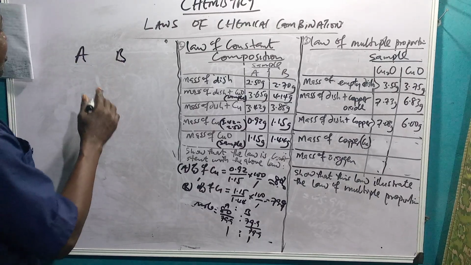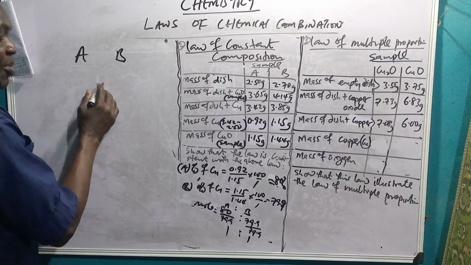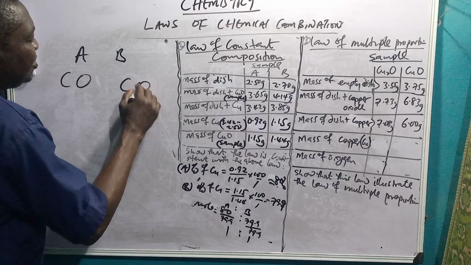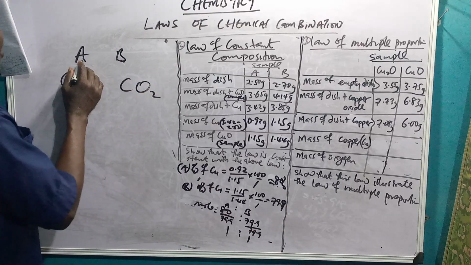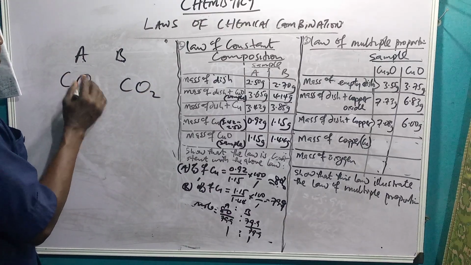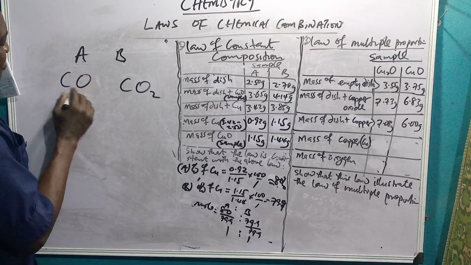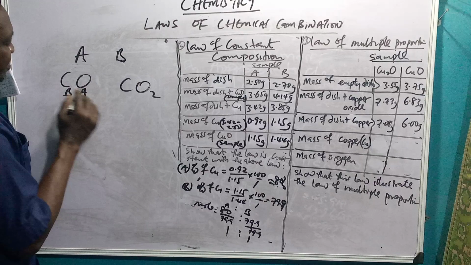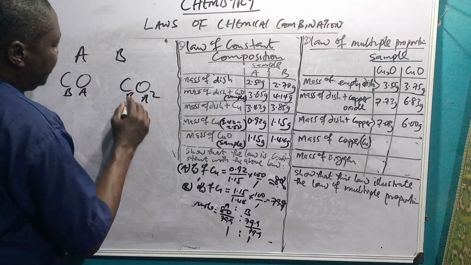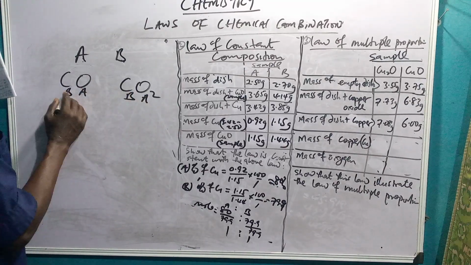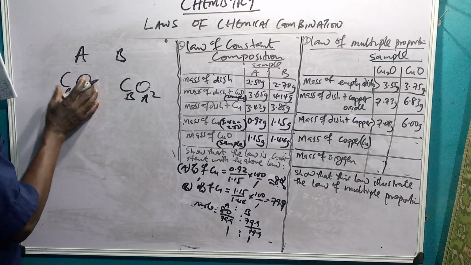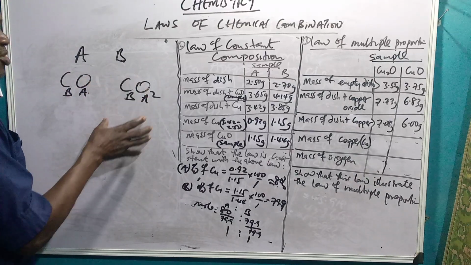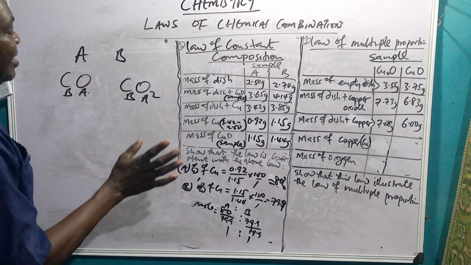Let's say we are using carbon 2 oxide and carbon 4 oxide, CO and CO2. When two elements A and B combine to form more than one compound, in this case it's forming carbon 2 oxide, and the same combination gives you carbon 4 oxide, which are different compounds entirely.